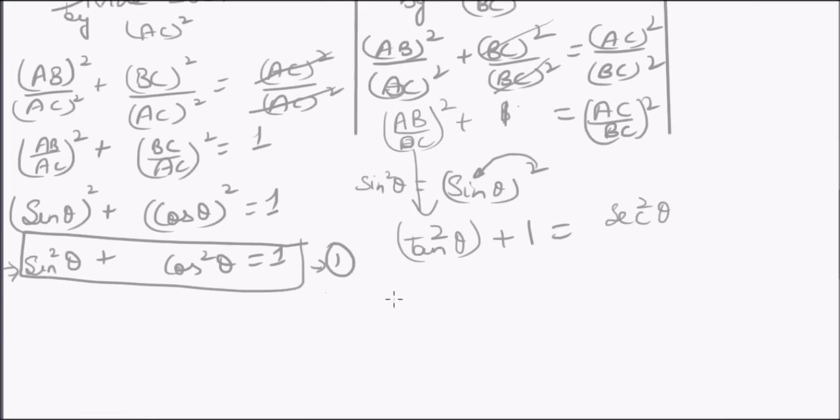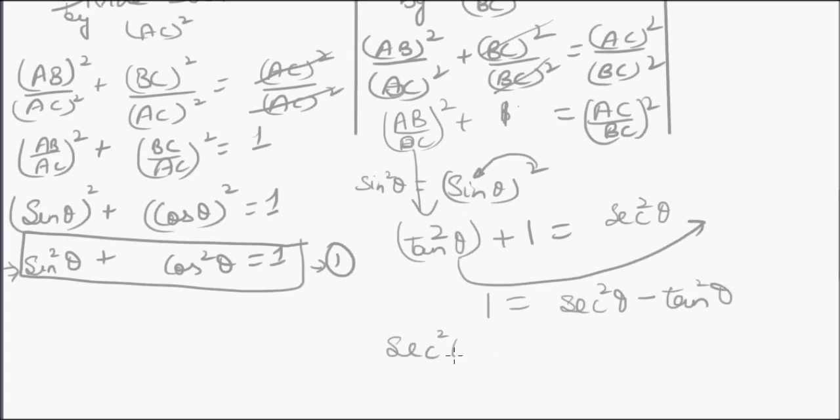For making it symmetrical to the first identity, let us separate 1 and move the other terms to the other side. That is 1 at left hand side and secant square theta minus tangent square theta on right hand side, or the identity has become secant square theta minus tangent square theta equals 1.